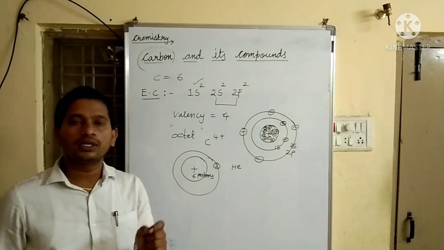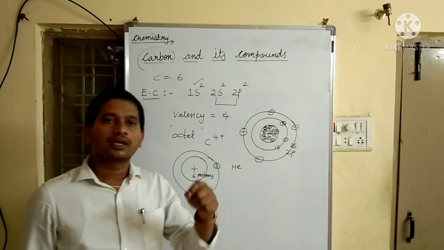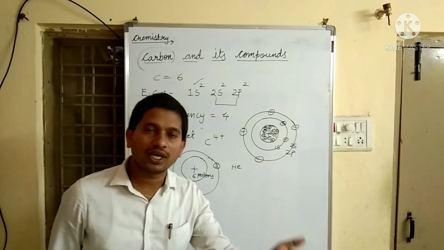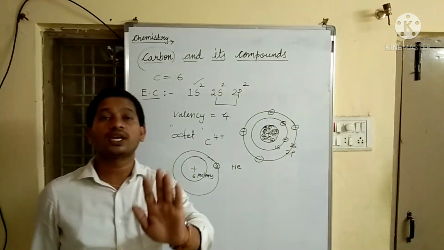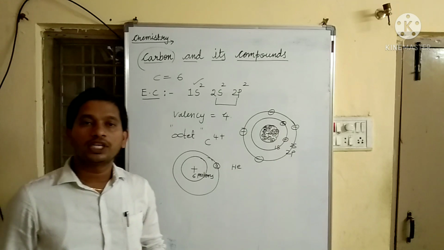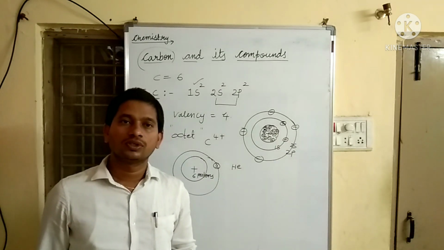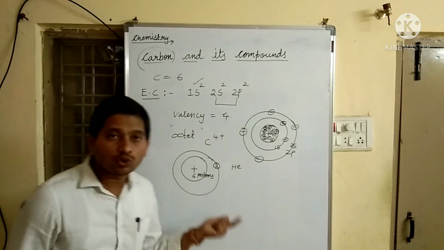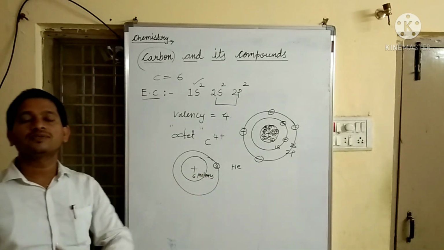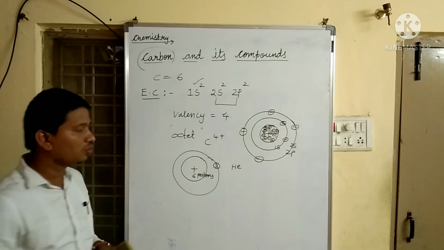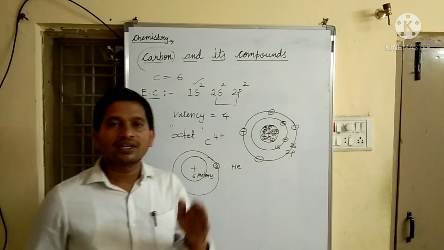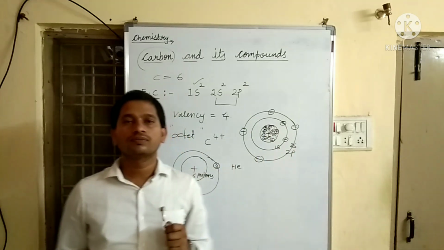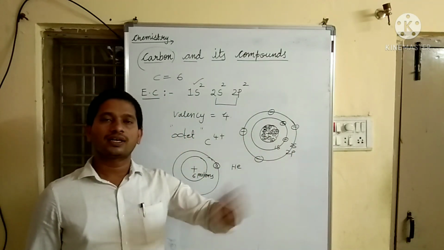Carbon neither gains 4 electrons nor loses its 4 electrons. There is no possibility. Then what will it do? Carbon shares its electrons with atoms of its own kind or with other atoms.